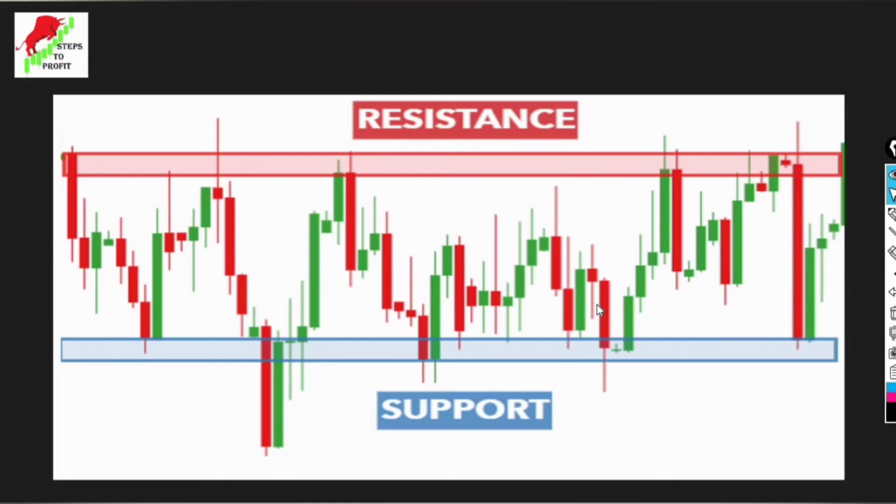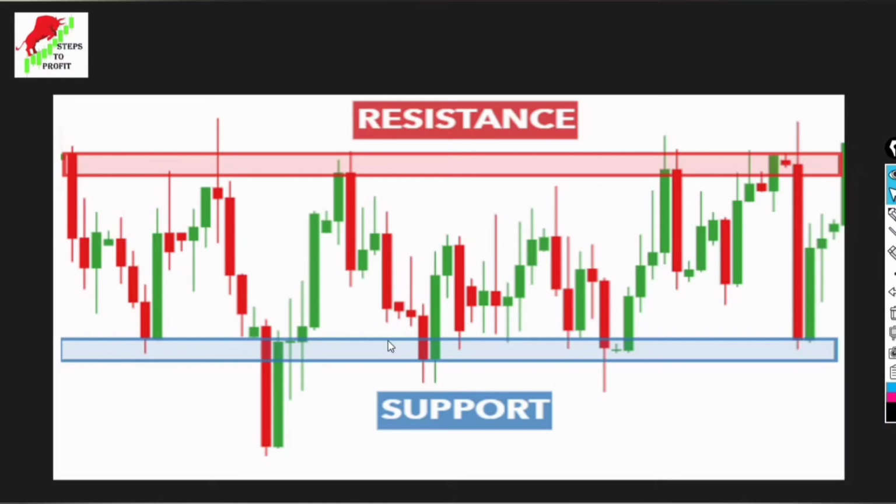At the support level, the price of a stock or security has decreased and demand has increased. As price decreases, buyers come into the picture, forming buying pressure. The support level is a price level where a downtrend can be expected to pause due to concentration of demand or buying interest.